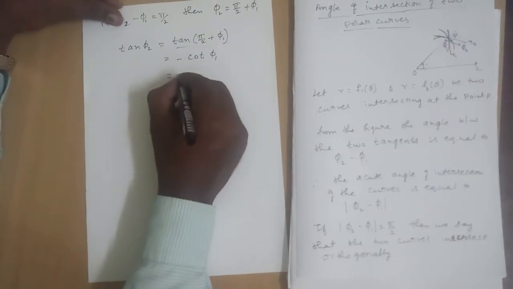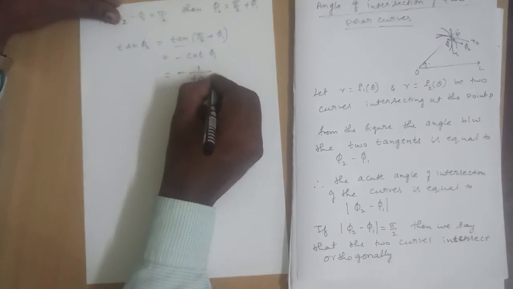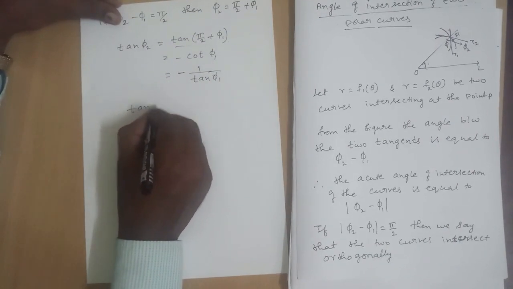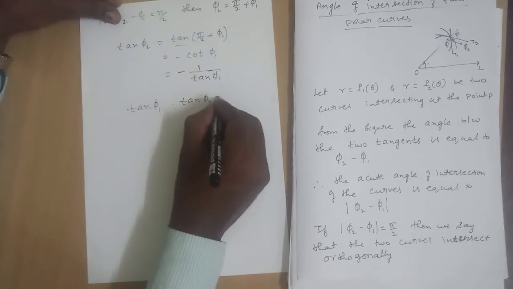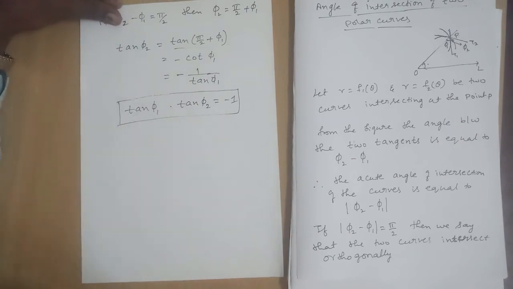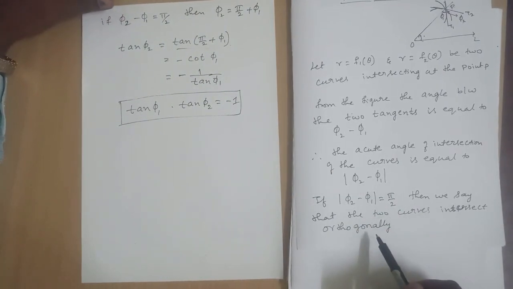So this can be written as minus 1 over tan phi 1. Taking this to the left hand side, you get tan phi 1 into tan phi 2 equals minus 1. If you prove this, then we say that the two curves intersect orthogonally.